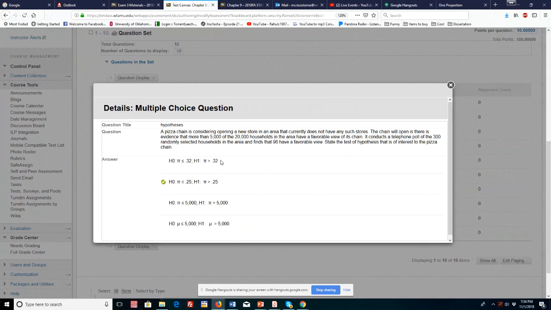It's not this option here of 0.32. I believe 0.32 ends up being 96 divided by 300, yeah. So it's not 0.32 because remember we're looking at the population, and that 0.32 is the proportion of our sample.